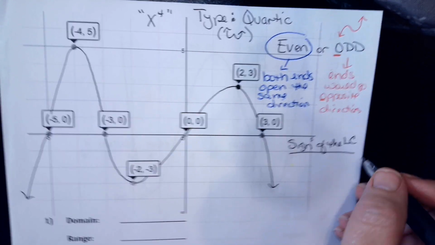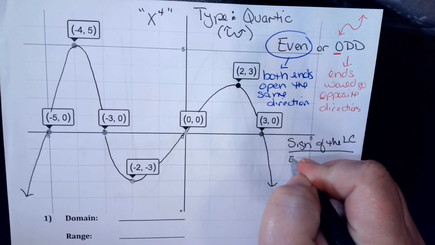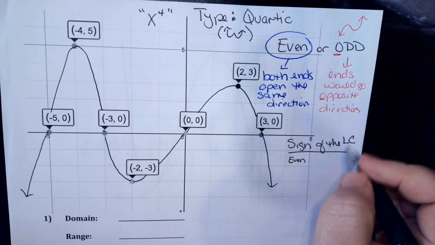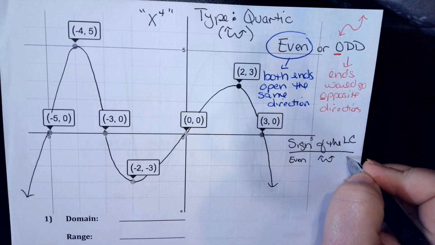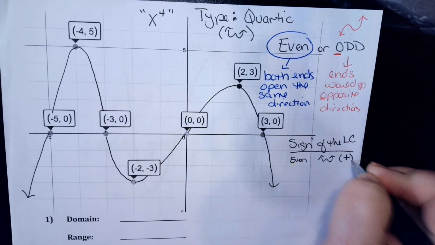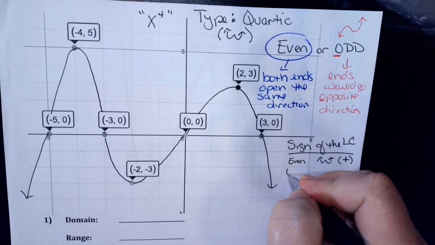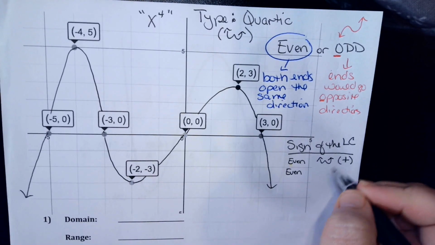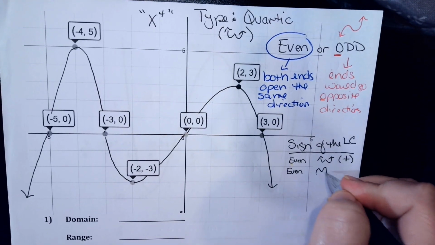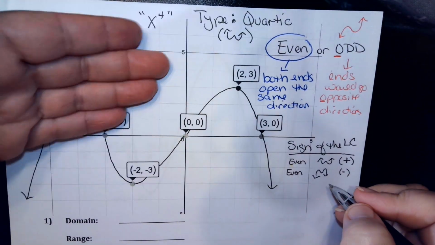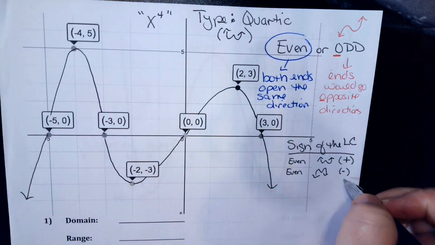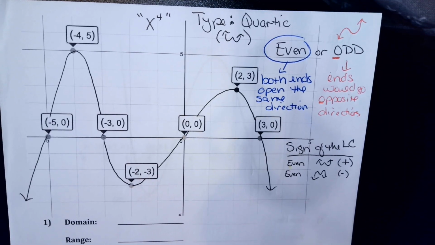If it's an even degree function and both pieces open up, the leading coefficient is positive. If it's an even degree function and both ends open down, since it's opening down, it means it's been reflected over the x-axis, so that would be a negative leading coefficient.